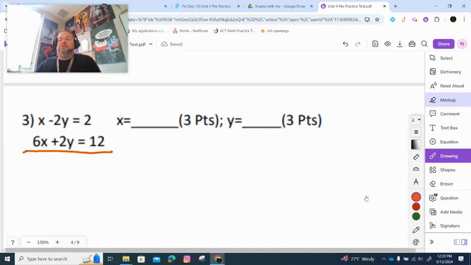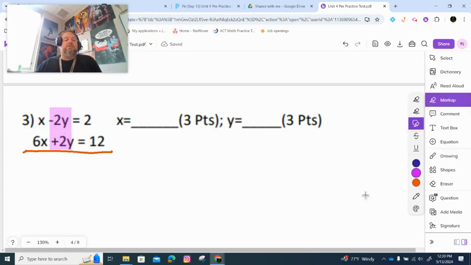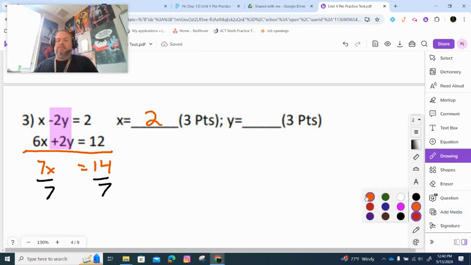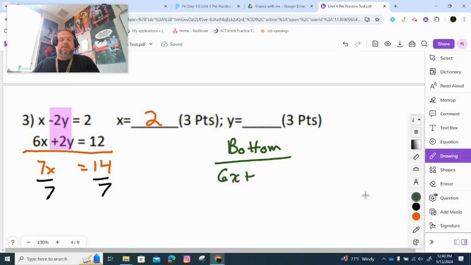I know it's elimination, because these are the same terms, different signs. When I combine these, I get 7x equals 14. X equals 2. Let's use the bottom: 6x plus 2y equals 12.